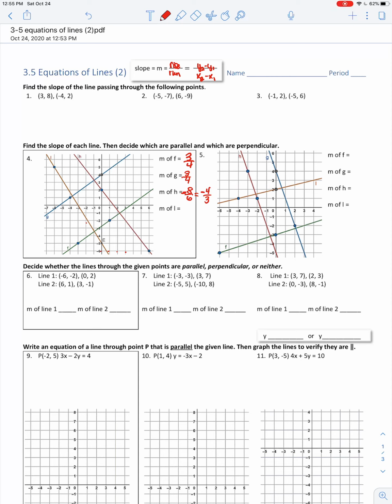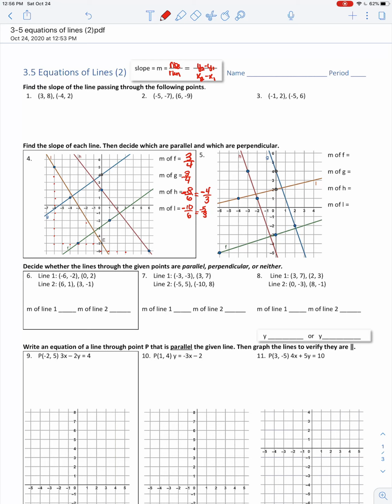And finally, line I is the orange line, and it is falling 1, 2, 3, 4, 5, 6, 7, 8, 9, 10, and running 1, 2, 3, 4, 5, 6. So it has a -10/6 for its slope, which is simplified to -5/3.